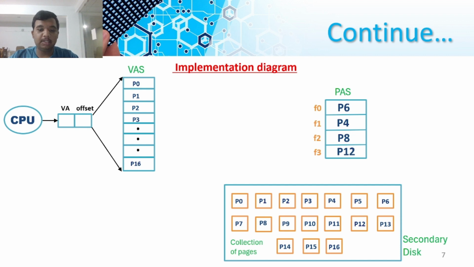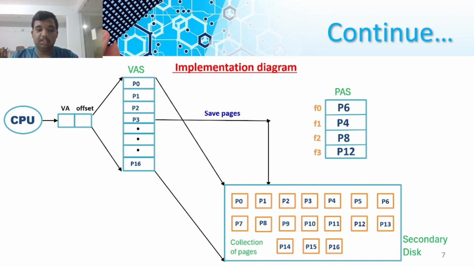In the main memory, there are only 4 frames available. All the pages are saved in the secondary disk, and virtual memory collects the pages from the secondary disk. In the main memory, 4 pages are randomly selected from the secondary disk and loaded.